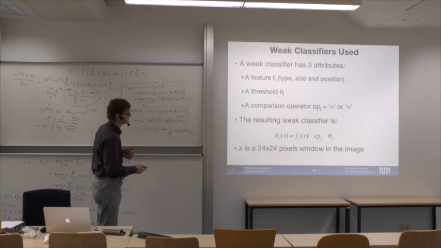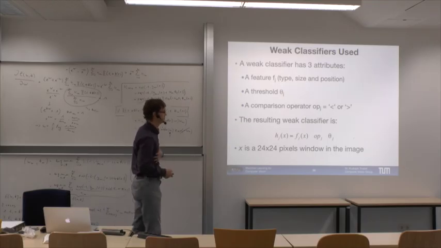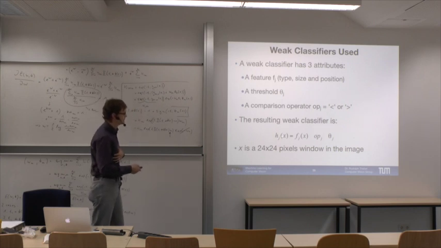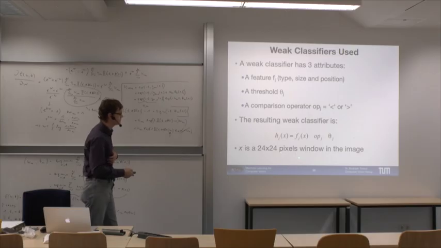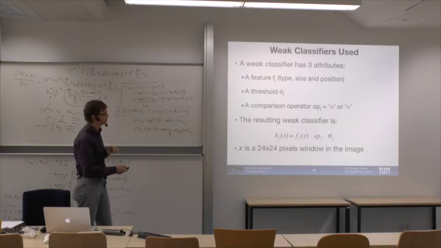The resulting weak classifier has then these parameters: the operation, the threshold, and the type of feature, size, and position. And x here is a 24 by 24 pixel window in the image. So we have a little window that goes over the image, and in that window you compute these features.